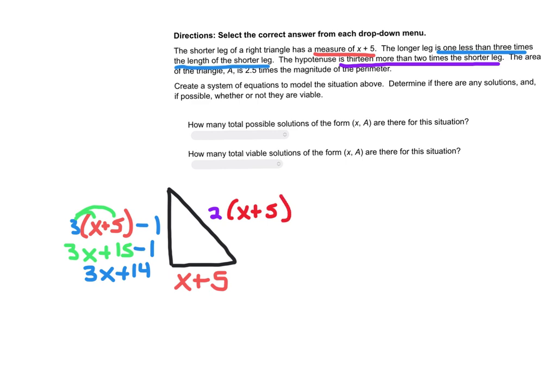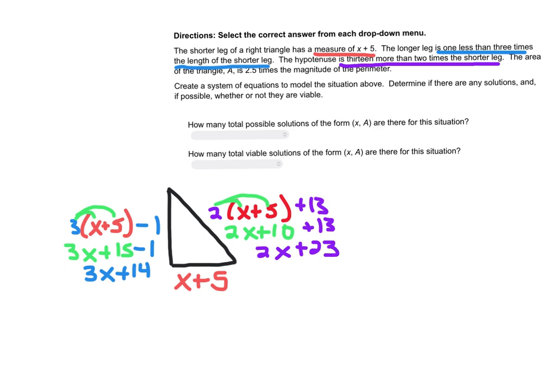And it is 13 more than that. So again, now I need to work to simplify that. Using our distributive property, we're going to get 2x plus 10 plus the 13. So that will simplify to 2x plus 23.